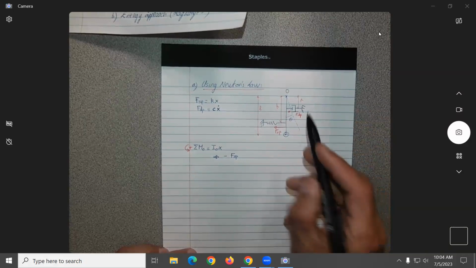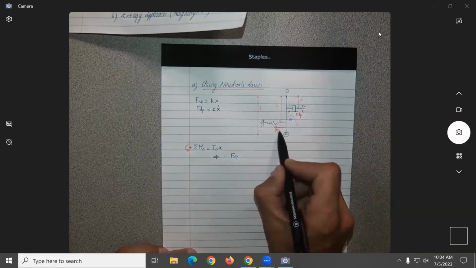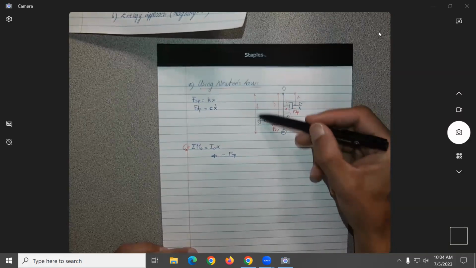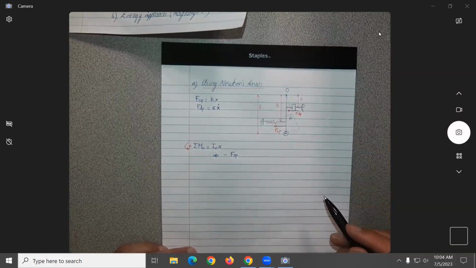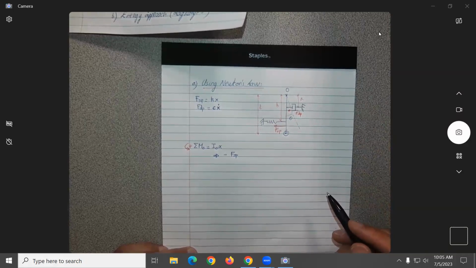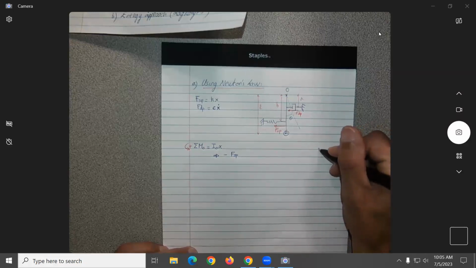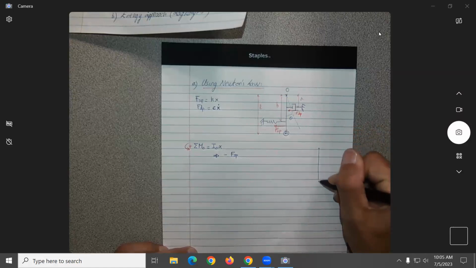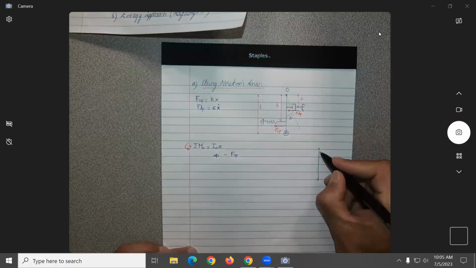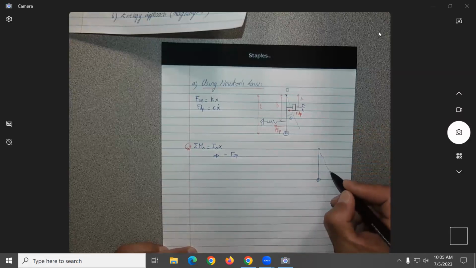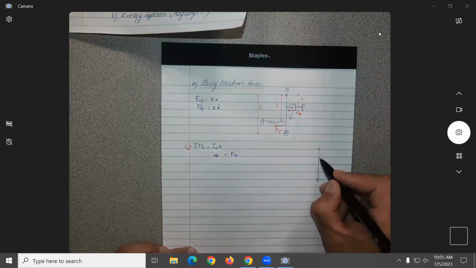If you move it here, what should be the change in height? What I'm saying is that if we are initially here, now when you move it an angle theta, you're going to be here, no?